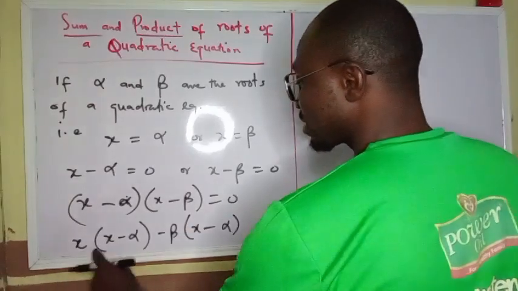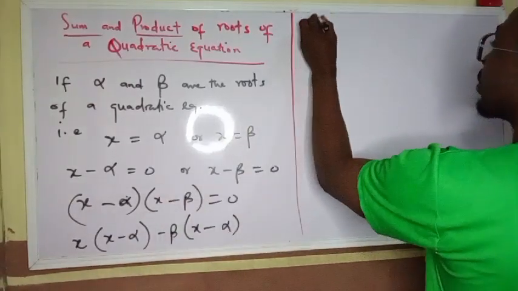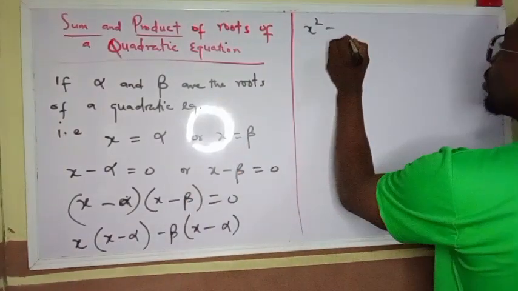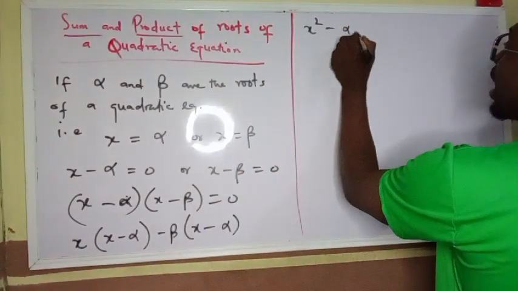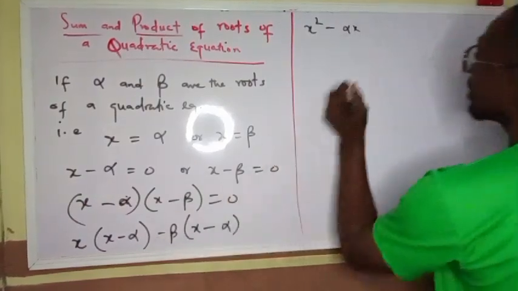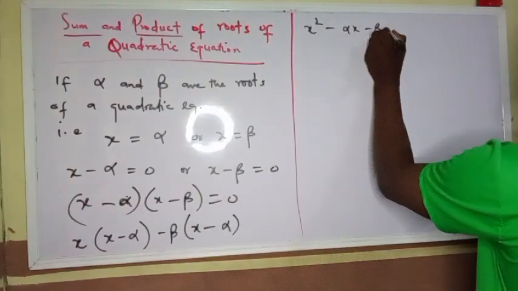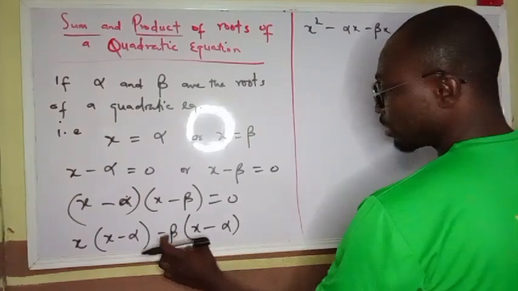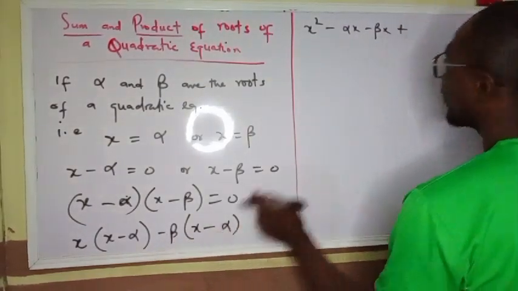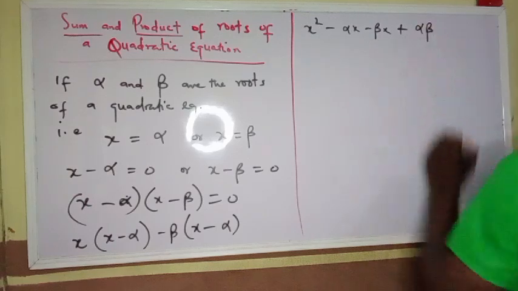We have x times x is x squared. We have x times minus alpha is minus alpha x. Minus beta times x is minus beta x. Then minus times minus is plus, then beta times alpha is alpha beta.